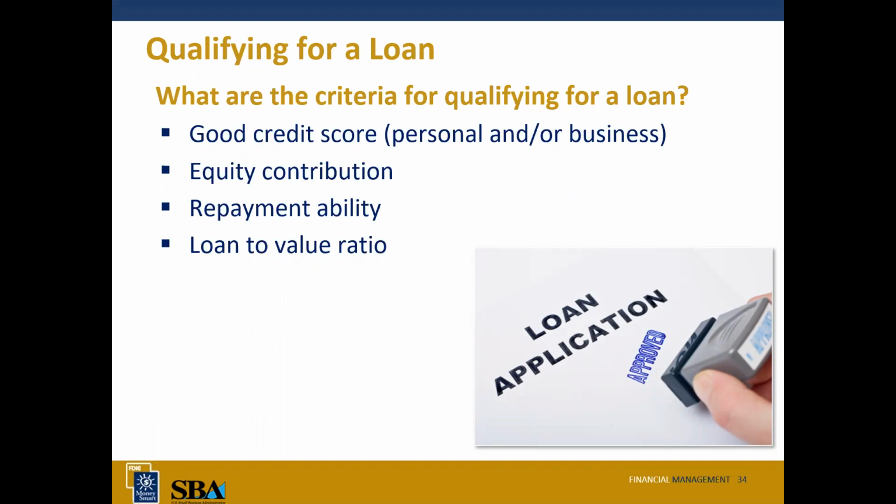Qualifying for a loan. What are the criteria? Well, the first thing we need to disclose is that different sources of capital have different underwriting criteria, so there's not one set answer. But here we'll follow the slide. So it says a good credit score. What is a good credit score? In general, we need to have around a 160 or above.